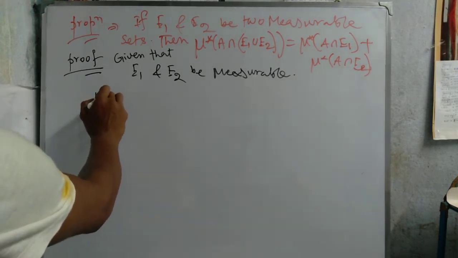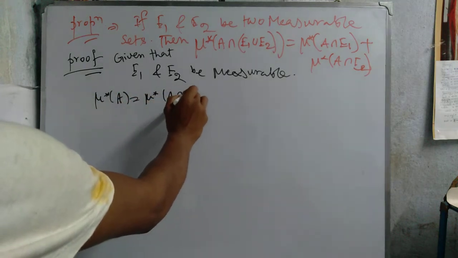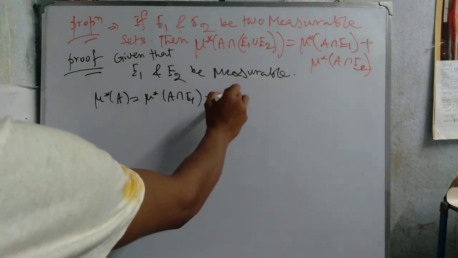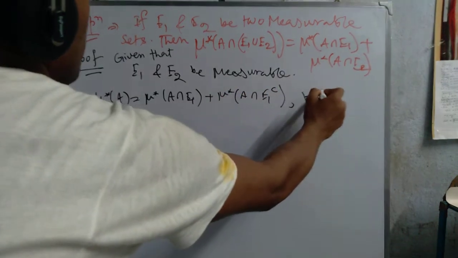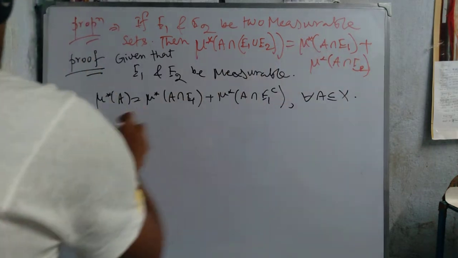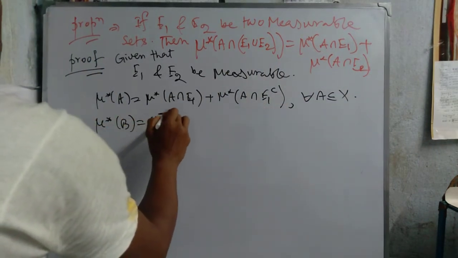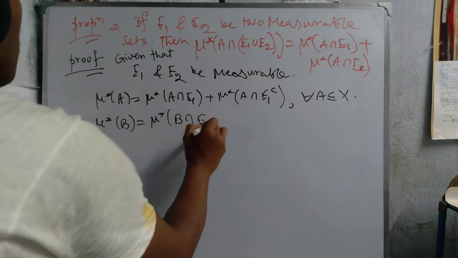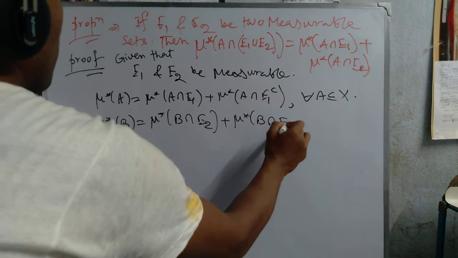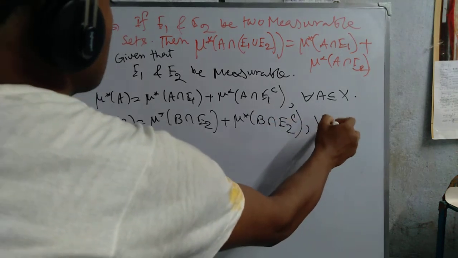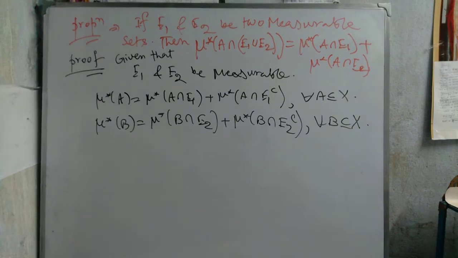So we write mu star of A equals mu star of A intersection E1 plus mu star of A intersection E1 complement, for all A subset of X. Again we write mu star of B equals mu star of B intersection E2 plus mu star of B intersection E2 complement, for all B subset of X. Understand? This one is given.